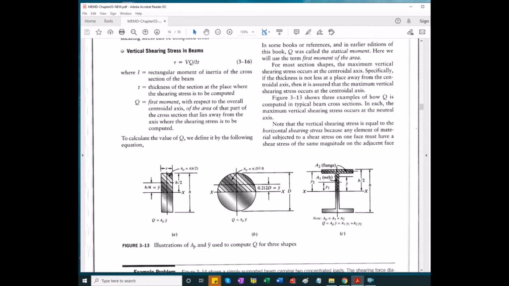And we can perform analysis on any longitudinal plane. So this is a transverse cross section. This is the neutral axis.